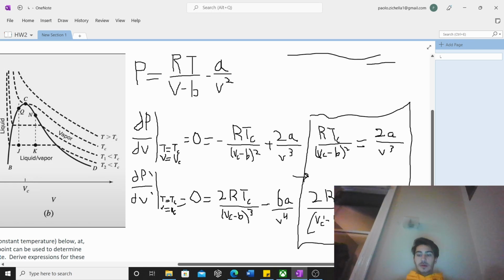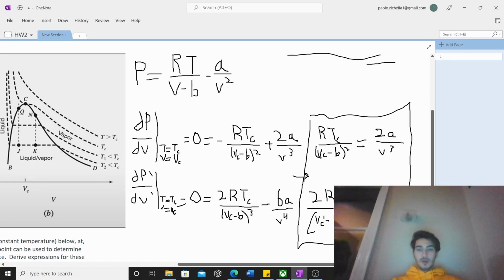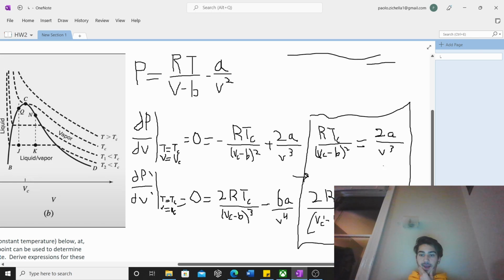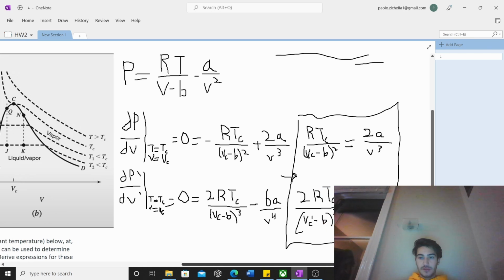Now, what can we do with these two equations? Well, starting off, we can multiply them. We can simplify them so that we can find an equation for a and an equation for b.